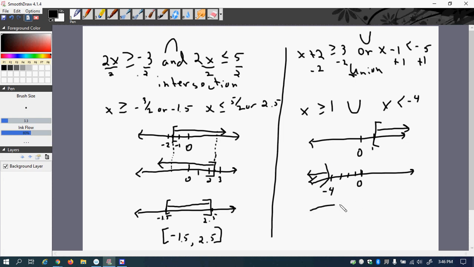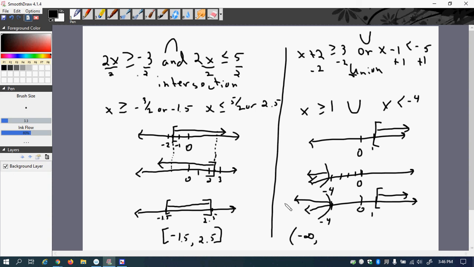So now I can actually put them together on the same graph. This one starts at negative 4 and goes this way, and then it also starts at 1, but it's a bracket and it goes the other way. So to write the interval notation, we would have to have two intervals. We would write parenthesis negative infinity, because it's going to negative infinity.